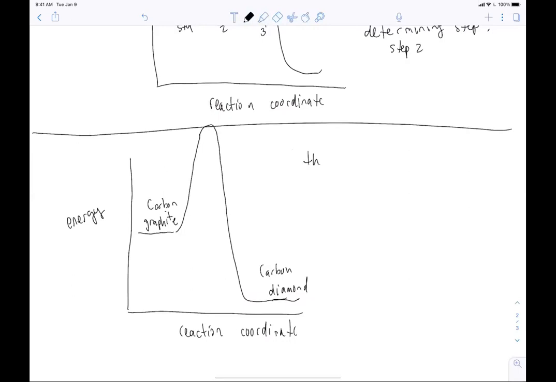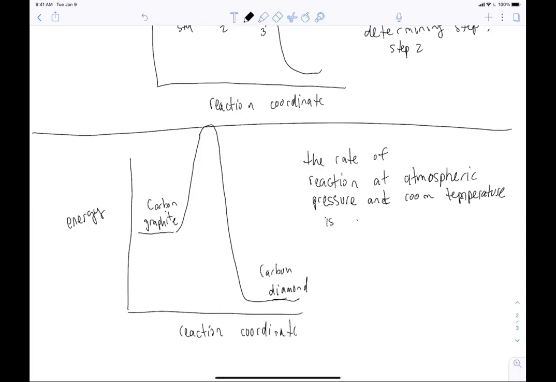The rate of reaction for this at atmospheric pressure, at least, and room temperature is very, very, very slow.